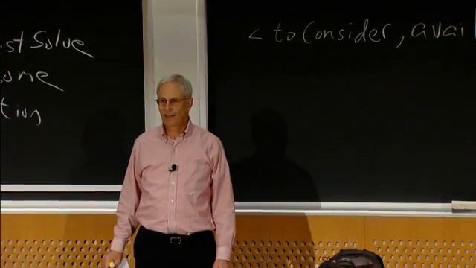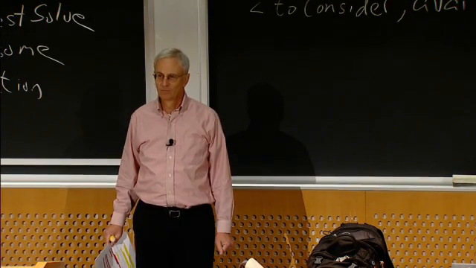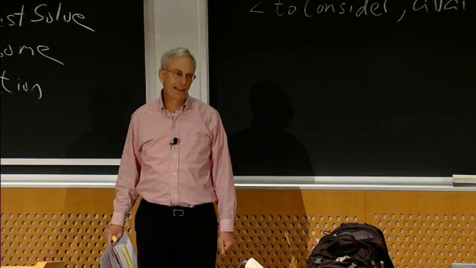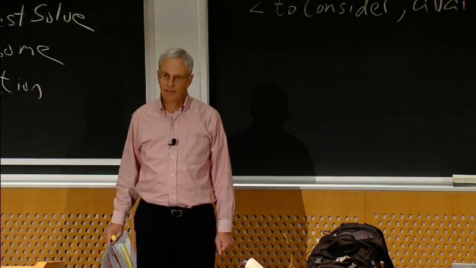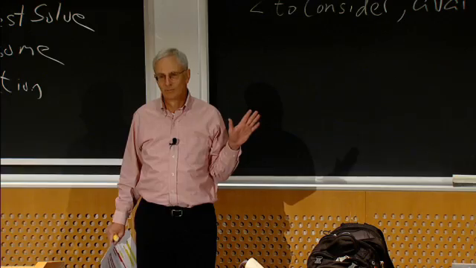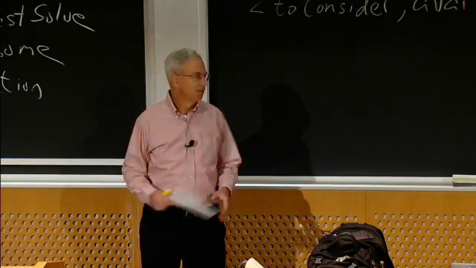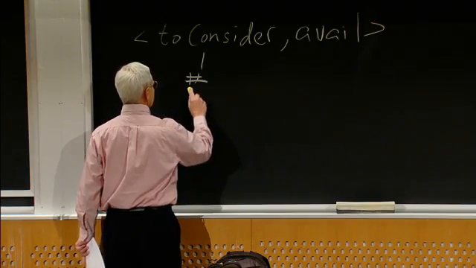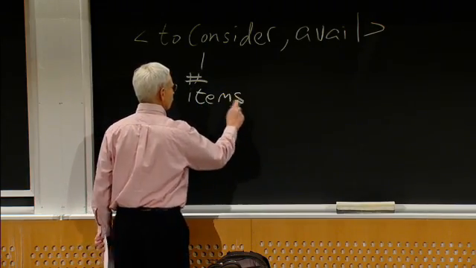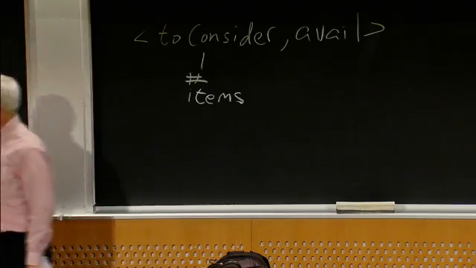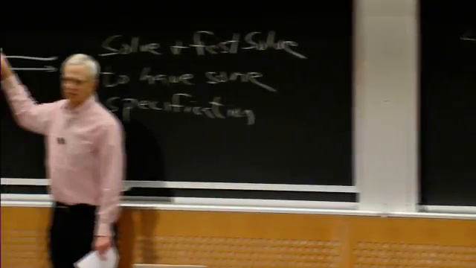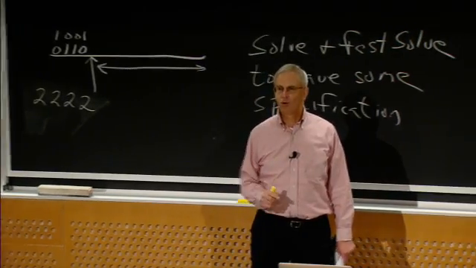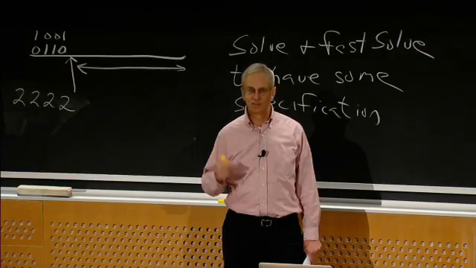Well, how many possible values of to consider are there? What governs that? That's the easy question. Number of items, right? Because I'm just marching across this list, chopping off one item at a time. At most, I can chop off n items if the list is of length n.